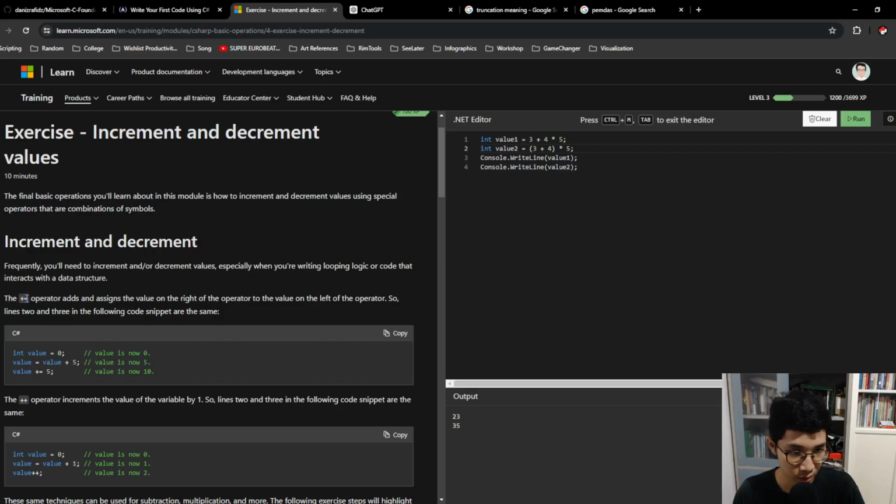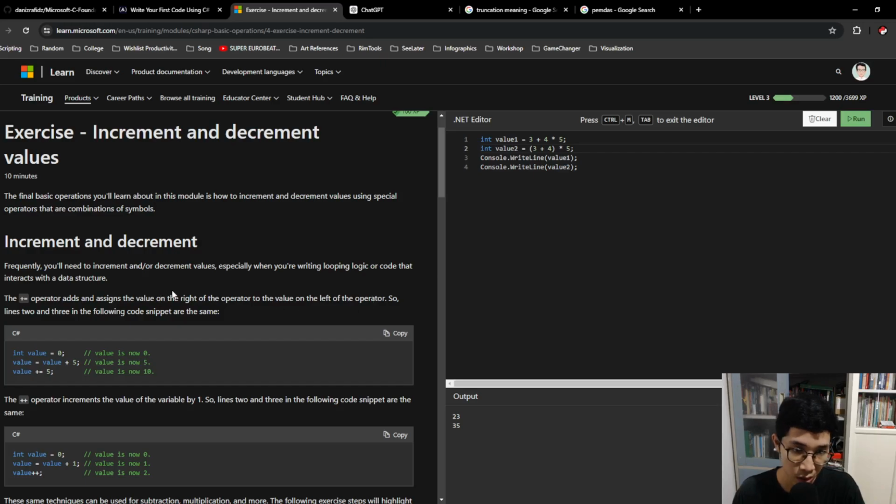The plus equal operator adds and assigns. So this one adds and assigns the value on the right of the operator to the value on the left.